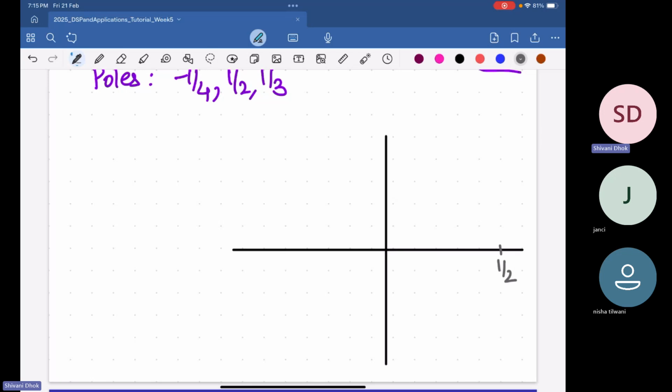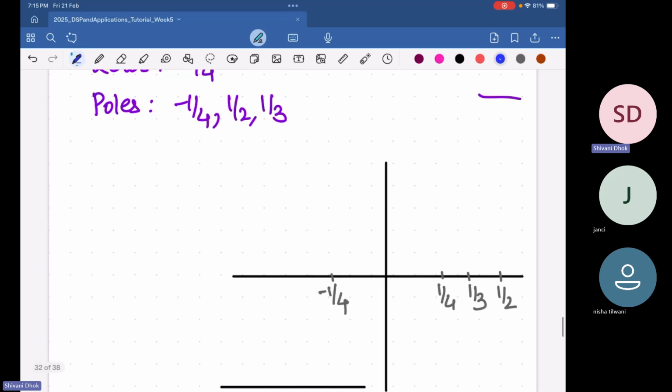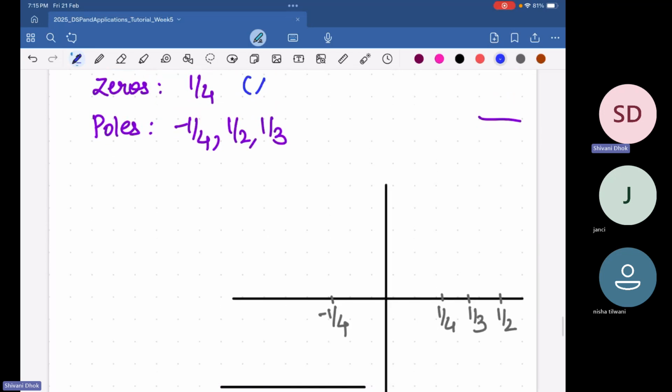Then I'll have 1 by 3 somewhere here, and 1 by 4 I'll have here, and minus 1 by 4 on the other side. So zeros we represent by O and poles we represent by a cross. So we have a zero at 1 by 4 and we have poles at 1 by 3, 1 by 2 and minus 1 by 4.